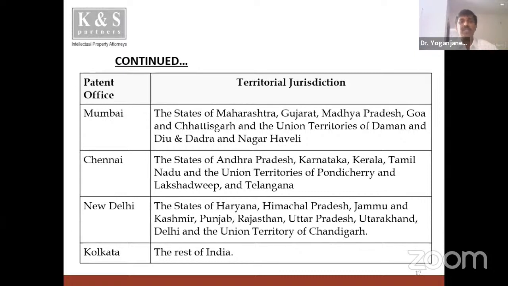Andhra Pradesh, Karnataka, Kerala, Tamil Nadu, and Union Territories of Pondicherry, Lakshadweep, and Telangana, they can file patent applications to Chennai patent office. Similarly, states of Haryana, Himachal Pradesh, Jammu and Kashmir, Punjab, Rajasthan, Uttar Pradesh, Uttarakhand, Delhi, and Union Territory of Chandigarh, they can file patent application to New Delhi, whereas the rest of India can file application to the Kolkata patent office. So this is how one can identify the patent office where he has to file an application.